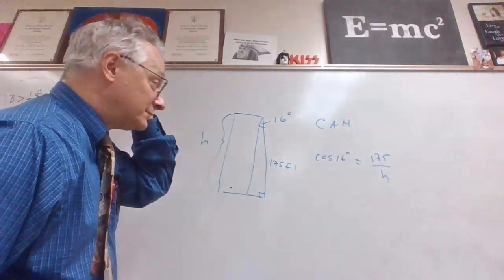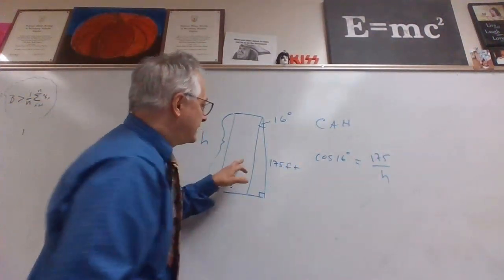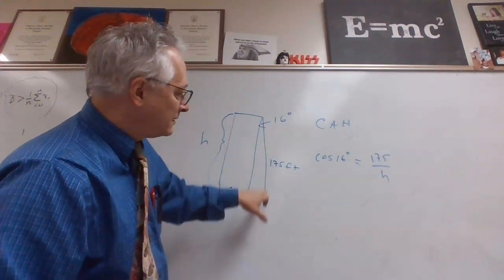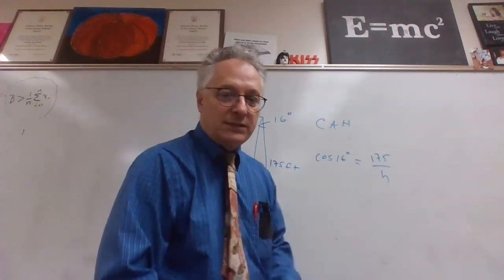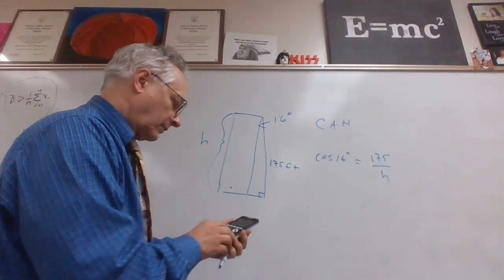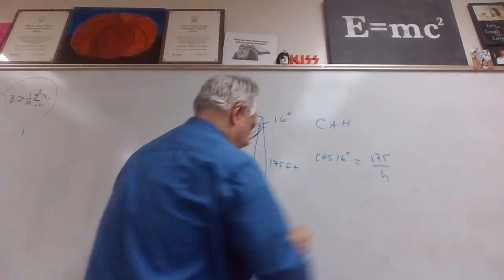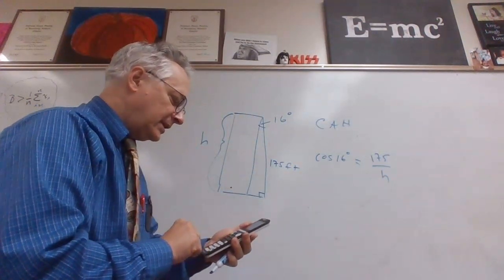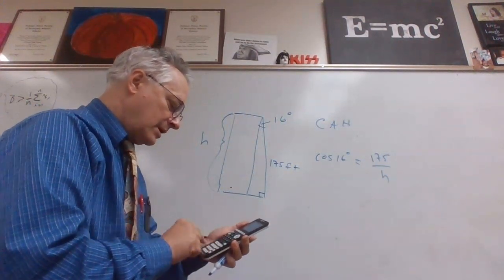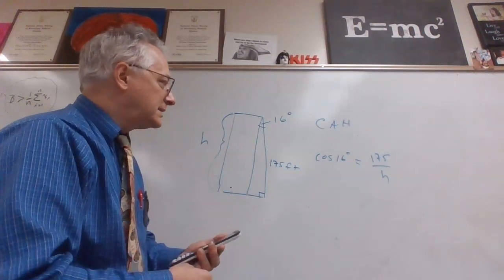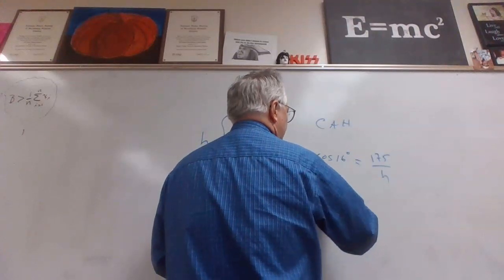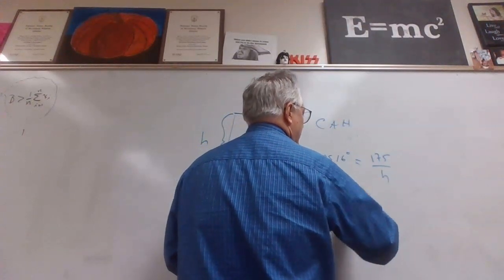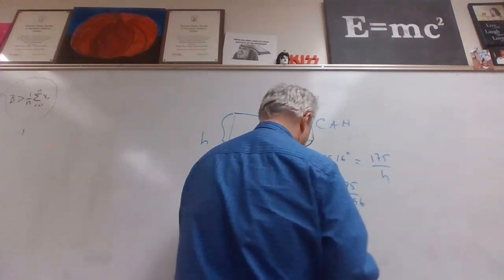Again, I think they mean this is the height of your plumb bob. So we're going to solve for the height of the tower. Cosine of 16, and then switch these two around. Cosine of 16 is pretty close to 1. It's 0.96. So h is 175 divided by 0.96.